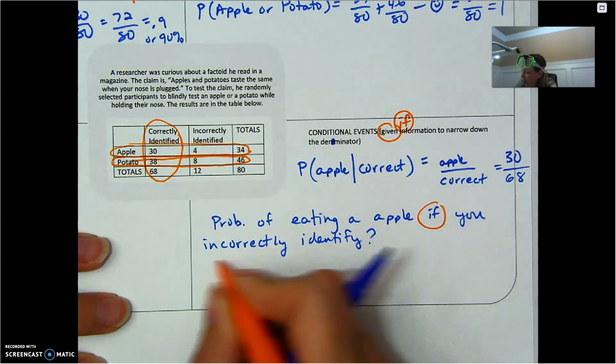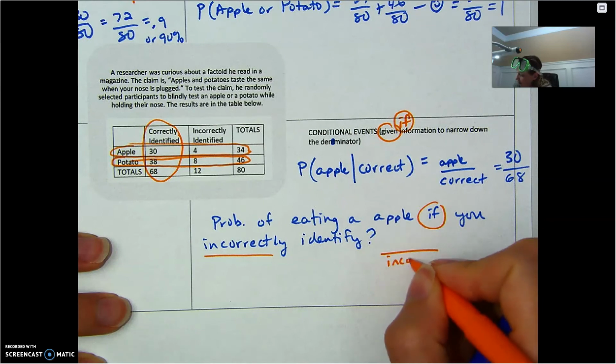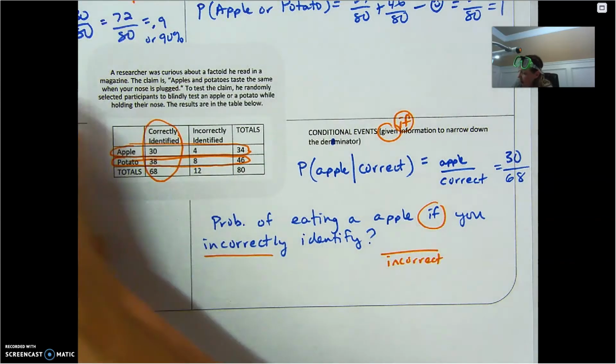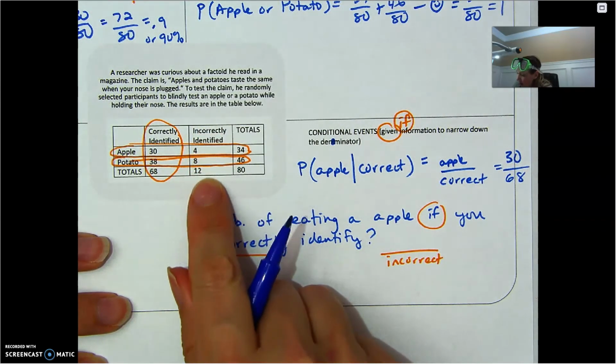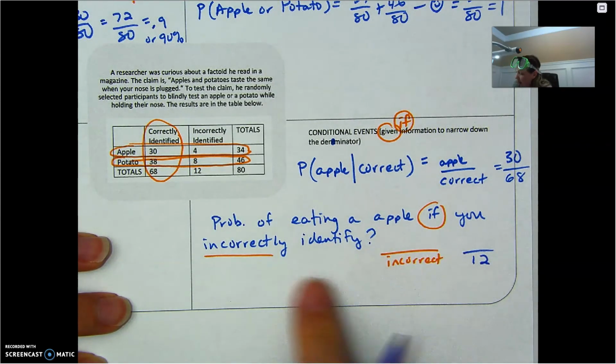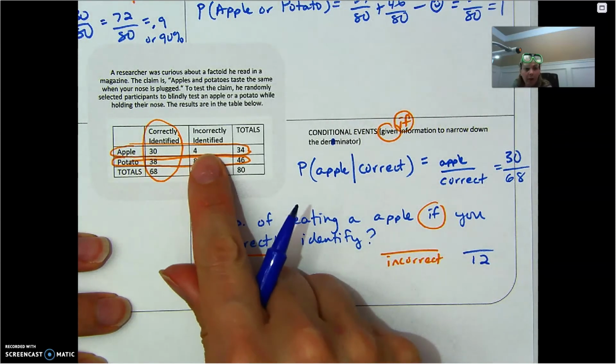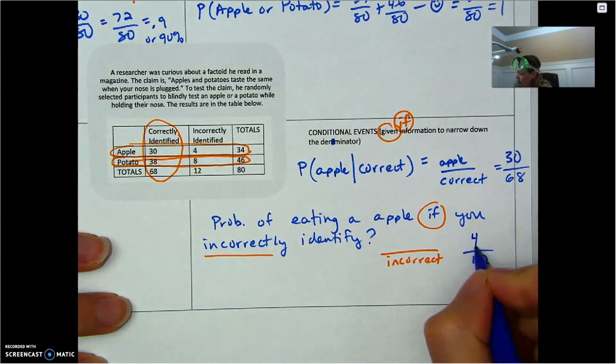So if you incorrectly identify, so that's going to be our denominator. So out of the incorrect, let's see, there's 12. 12 people were incorrect. So out of those 12 people, how many ate an apple? 4. 4 out of these 12.